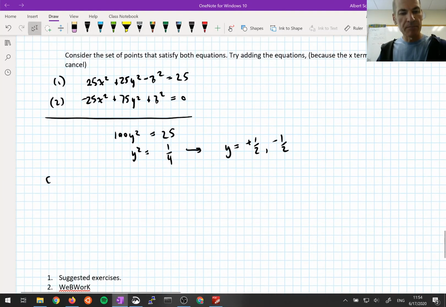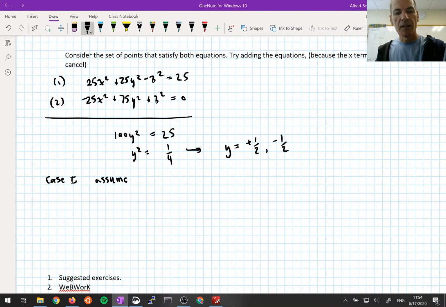Case 1. Let's assume not only that we've satisfied both equations, which is how we got here, but let's also assume that y is equal to 1/2. And we'll think about the negative 1/2 case separately.